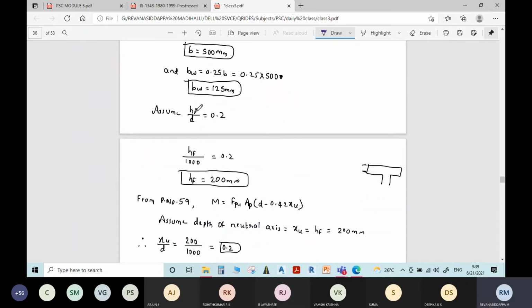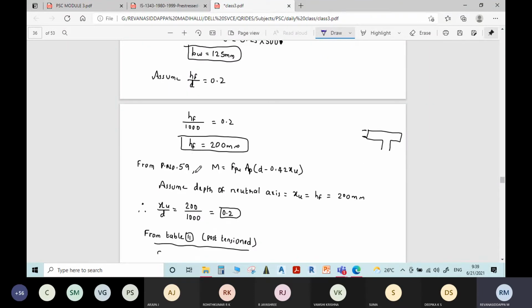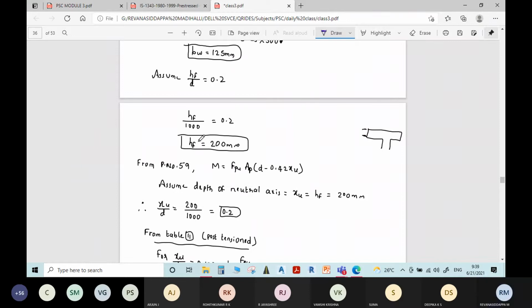Then the depth of the flange or height of the flange is assumed as 20% of effective depth, 0.2 D. By doing that, you will get depth of the flange as 200 mm. To the same depth, we will assume the neutral axis depth, 200 mm only, means it is within the flange.